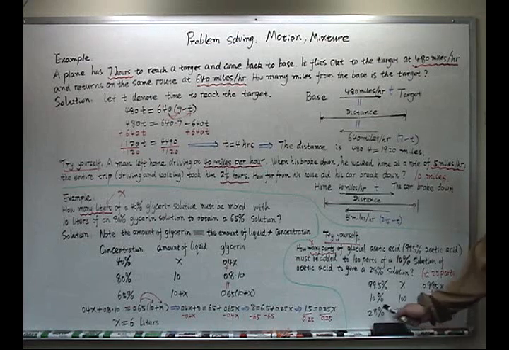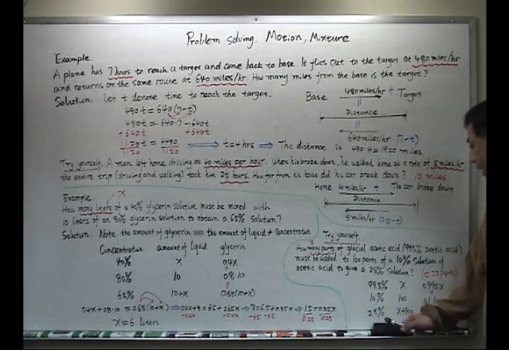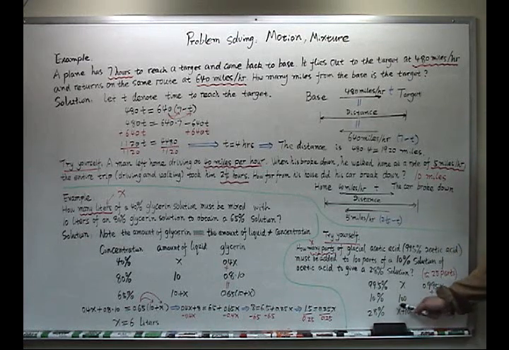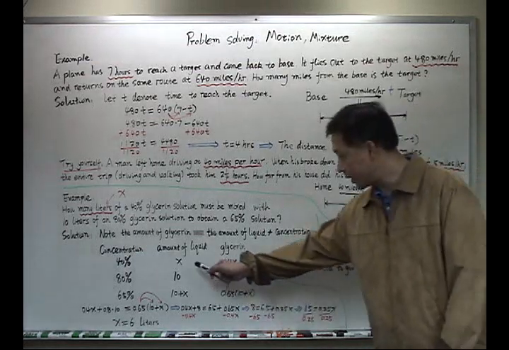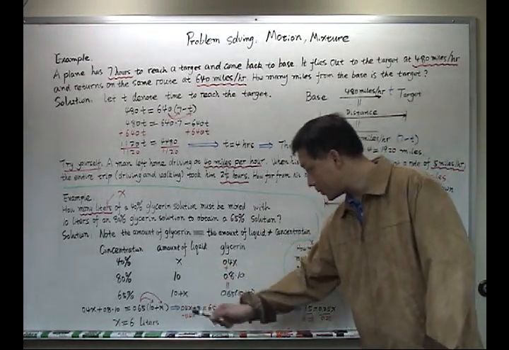For the 28% solution, the number of parts is x plus 100, because those two are together. It's like the one right here, x plus 10.